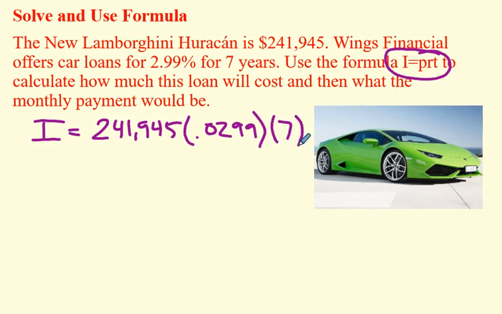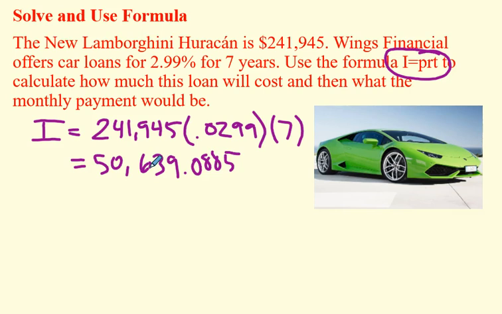And doing this, what we find out is that we're going to have to pay $50,639.0885. So we have to pay a little bit more than $50,000 of interest. That's how much this loan is going to cost us.